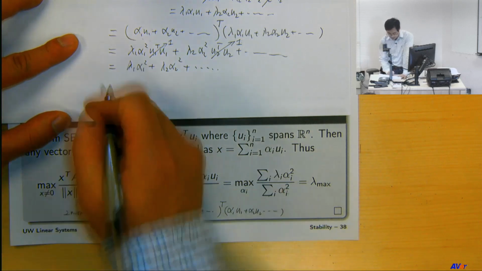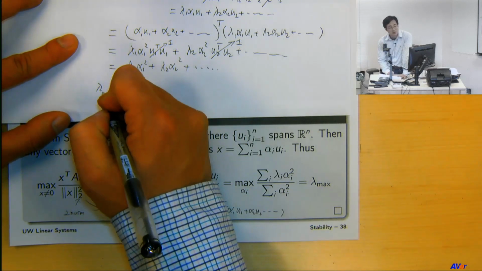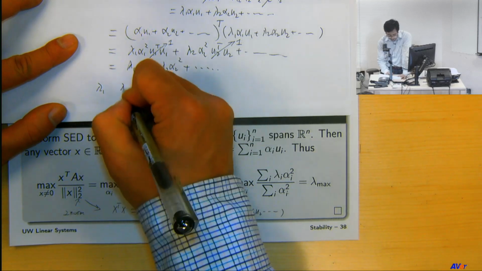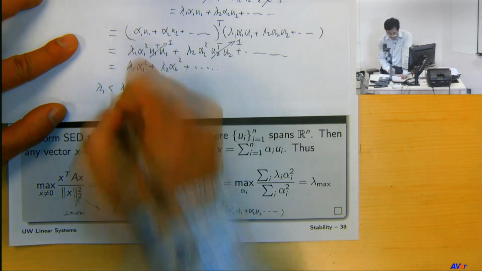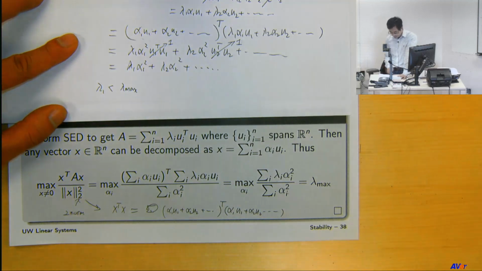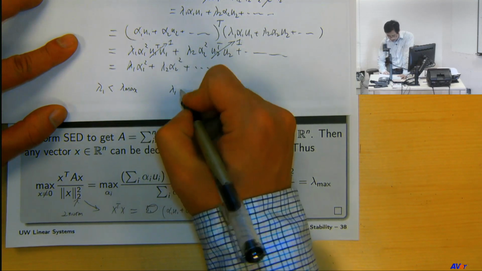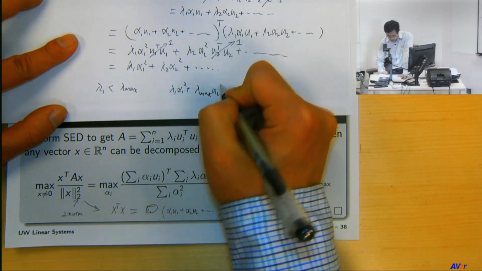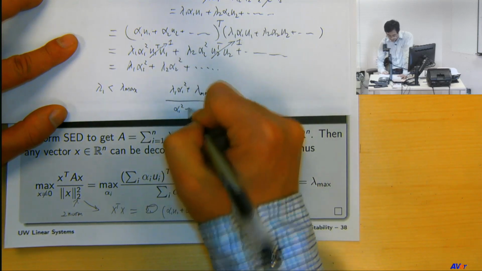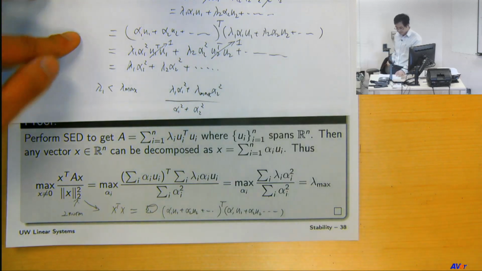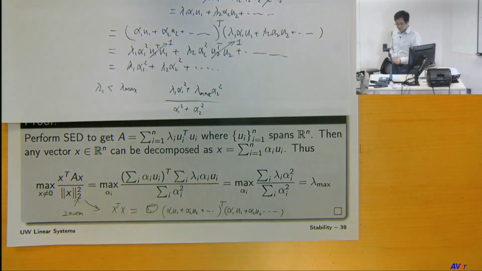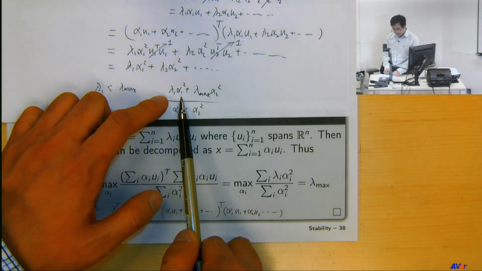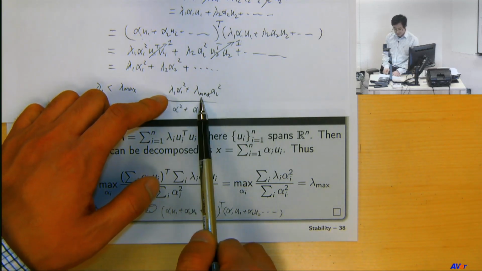Let's do a two eigenvalue case. Let's say I have lambda 1 and lambda max, where lambda 1 is less than lambda max. So this is lambda 1 times alpha 1 squared plus lambda max times alpha 2 squared, divided by alpha 1 squared plus alpha 2 squared. This is a combination of lambda 1 and lambda max.